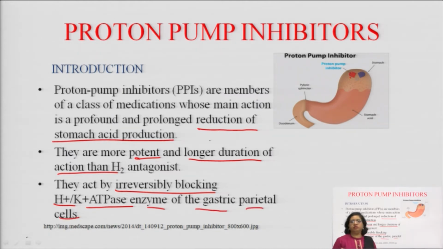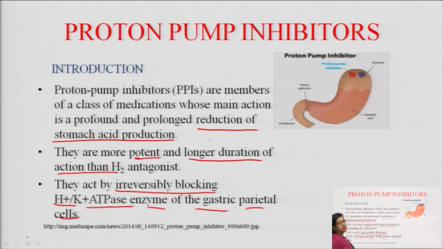So, proton pump inhibitors are basically used to reduce excess acid secretion. They are used in the treatment of peptic ulcer, and they inhibit the proton pump, the hydrogen potassium ATPase enzyme of the gastric parietal cells.